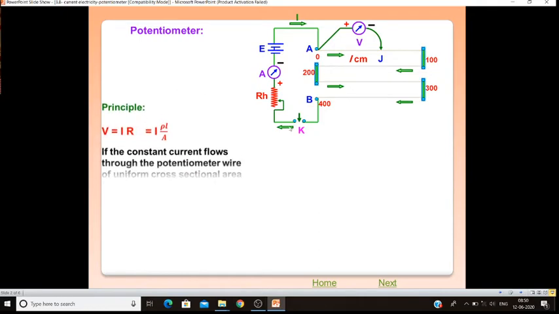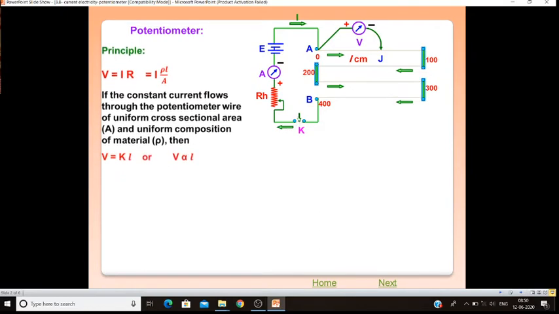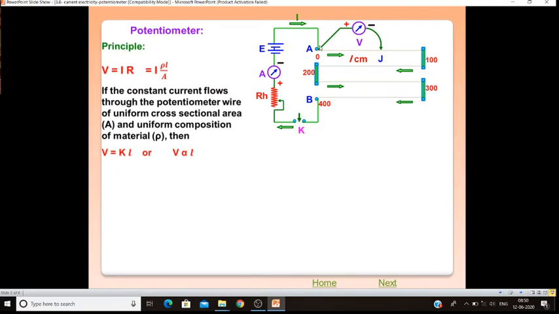First, when the switch is on, a current will flow in the circuit.